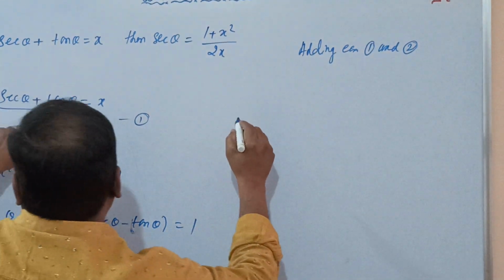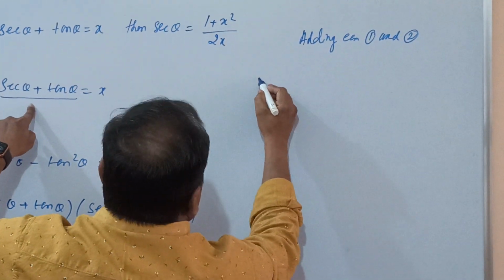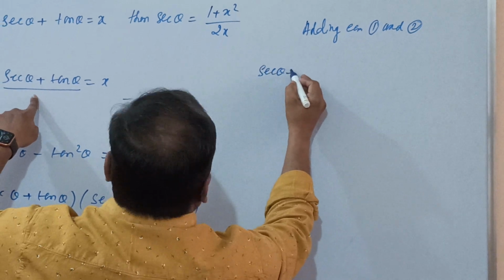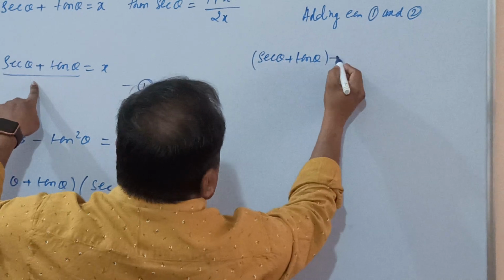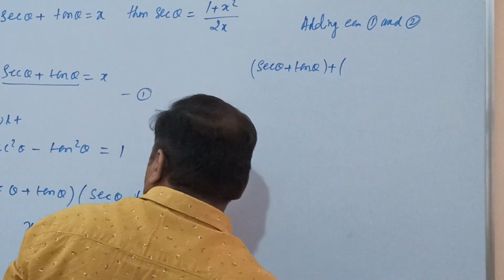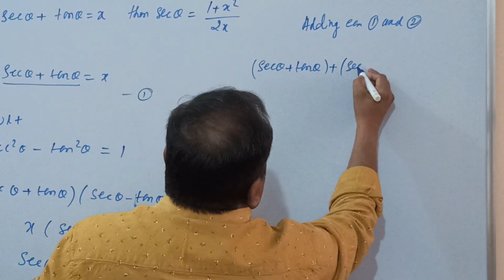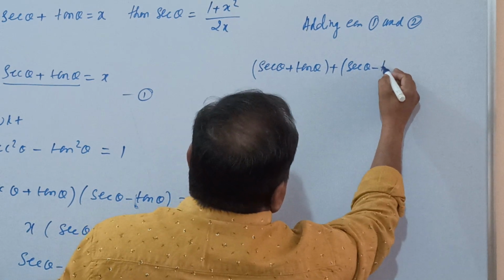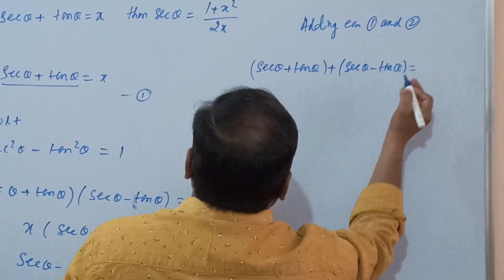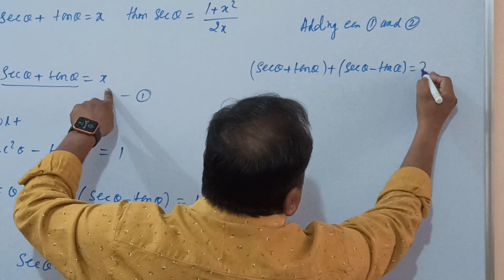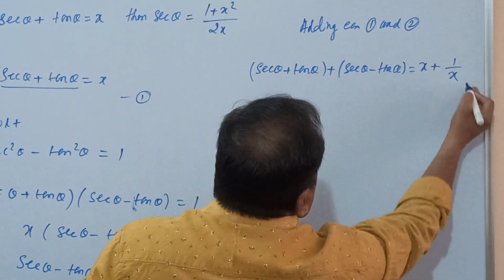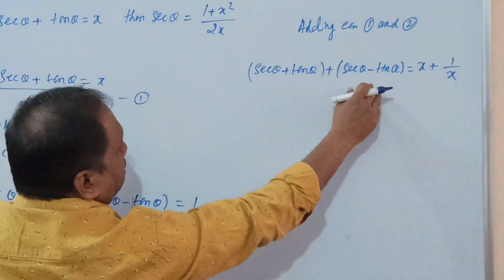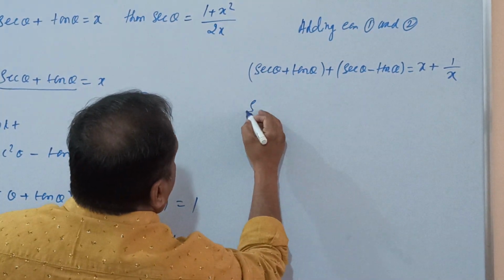So first LHS is sec theta plus tan theta, plus the other equation's LHS, sec theta minus tan theta. RHS is x plus 1 by x. So remove the brackets here.